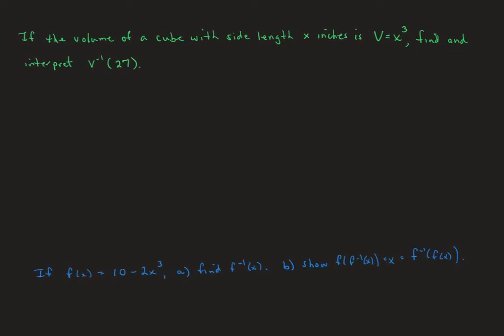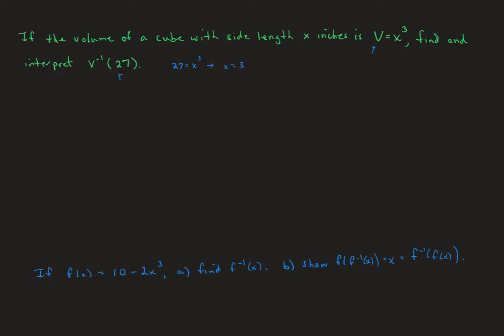Now, if the volume of a cube with side length x inches is v equals x cubed, find and interpret v inverse of 27. So to find v inverse of 27, we're going to plug this 27 in as the y value into our function as the dependent variable. So I'm going to say 27 is equal to x cubed, and that means that x is going to equal 3.